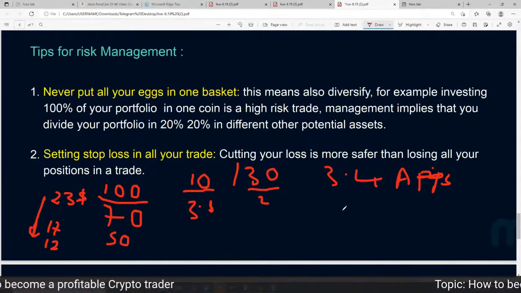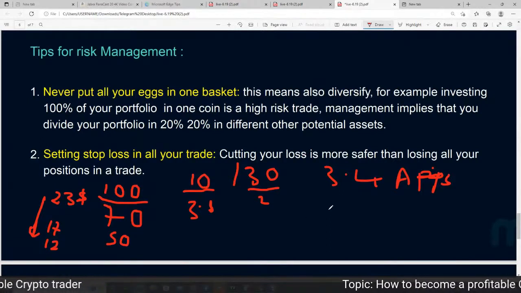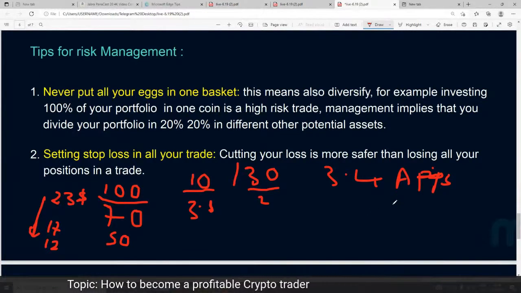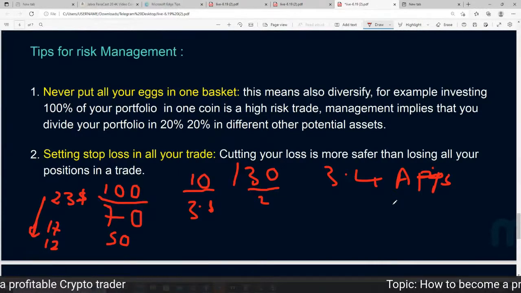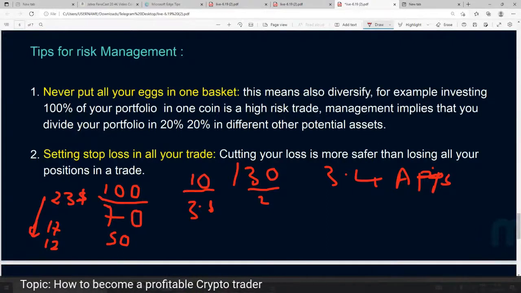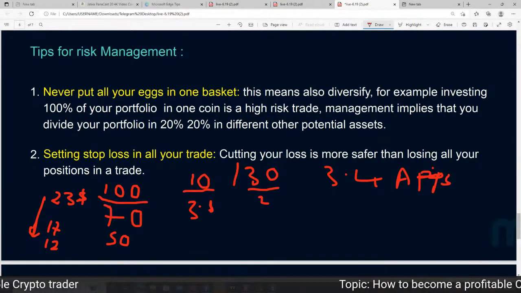I know it's painful to see your money lose, to see yourself losing. It's painful when you enter a trade with the spirit to make money, and after everything you lost money from that trade. Or you enter a trade with $100 with the spirit to make $120, and you came back and saw that all you have in your account is $70.